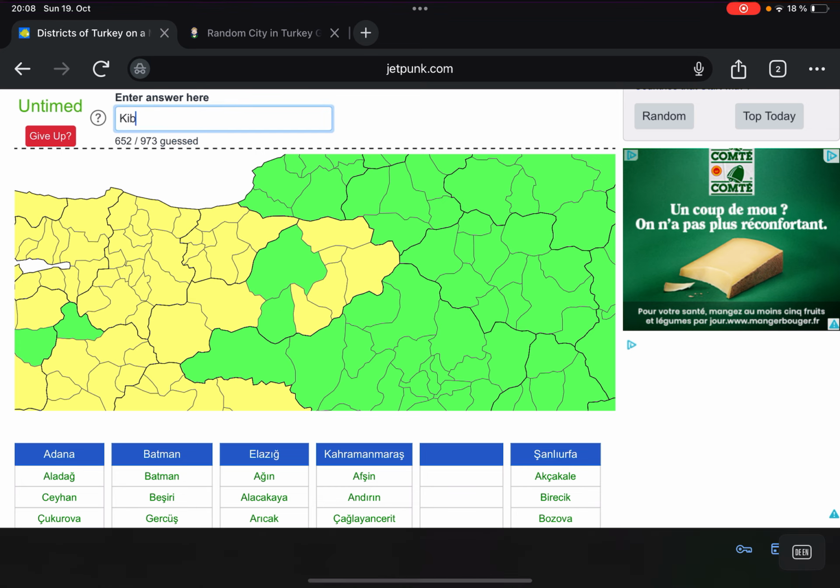So we have Kıbrıscık, Yeniçağ, Mengen, I think, Dört Divan. This should be Gerede, Mudurnu, and Göynük.